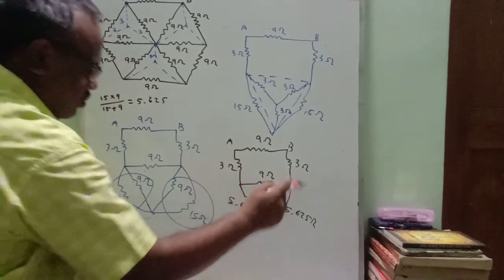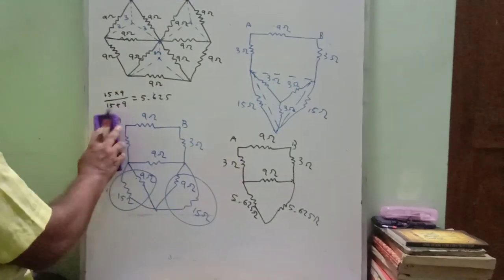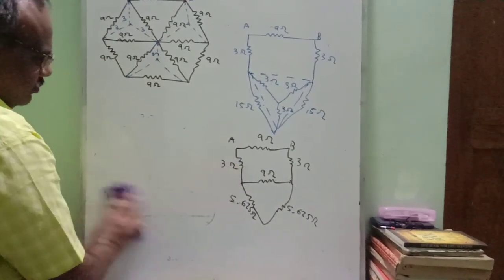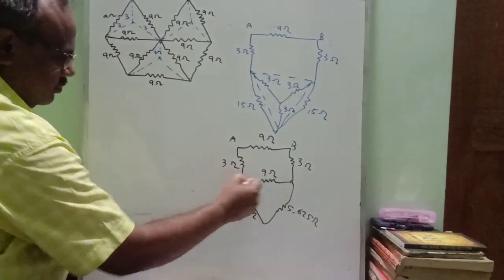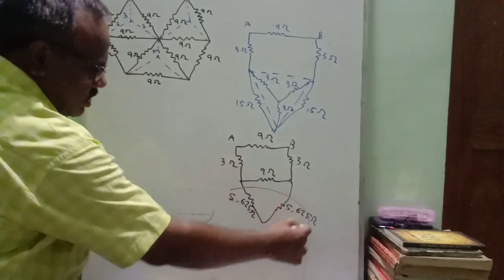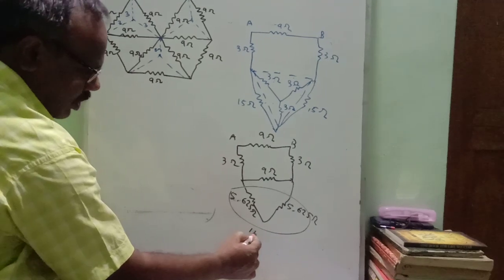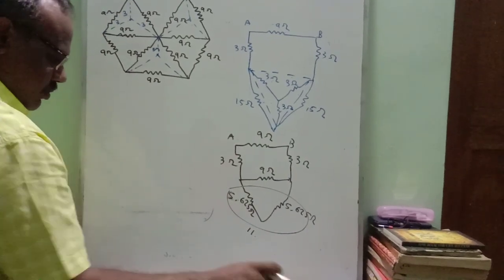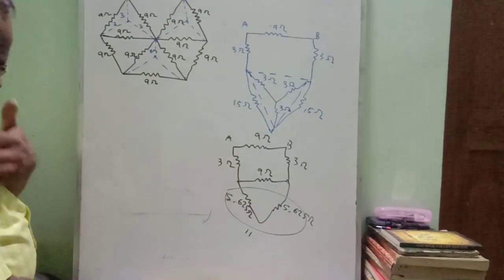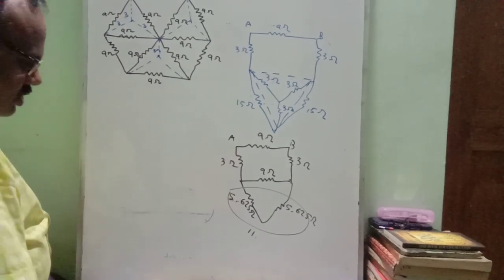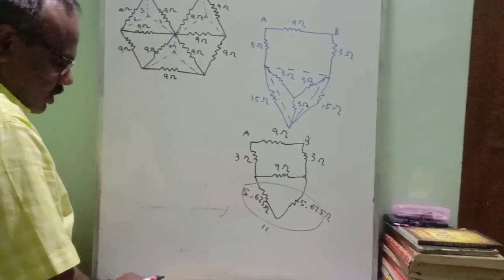Now in between these 2 points, these two are in series. The series of these two is your 11 point something.